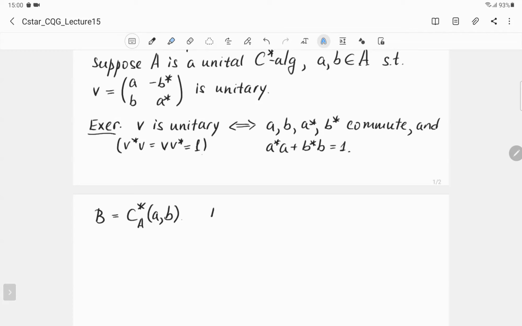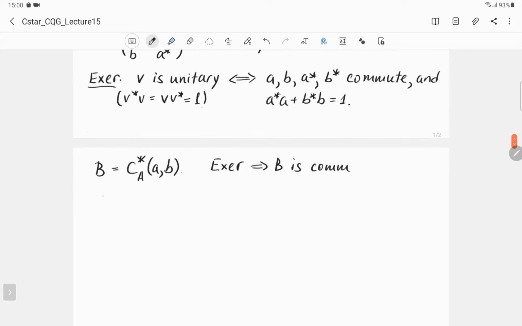Okay, so if we now take the C-star subalgebra B generated by little a and little b, then the above exercise implies that B is commutative. Now let's denote by X the maximal spectrum of B. We take any element in the maximal spectrum, let's denote it by chi.